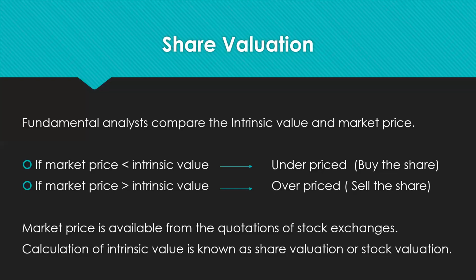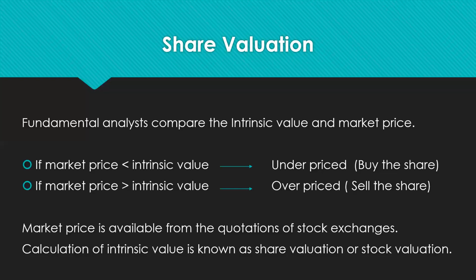So if the market price is less than the intrinsic value, it means the fundamental analyst is anticipating that the market price will come up to the level of the intrinsic value in the future. So at present, the share is underpriced and therefore it is best to buy that share. Now, what if the market price is greater than the intrinsic value?